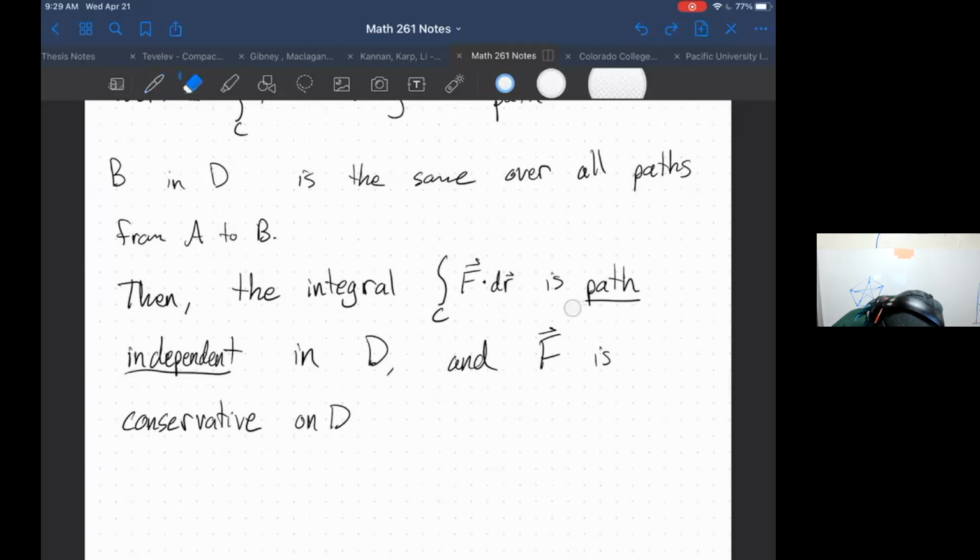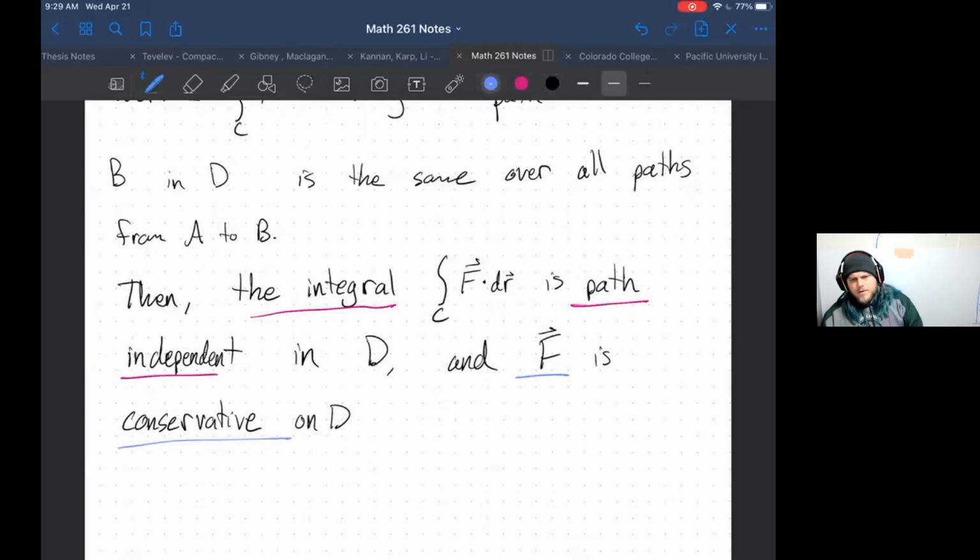So I want to make this extra clear here. What is path independent and what is conservative? The integral is path independent, but the vector field is conservative.